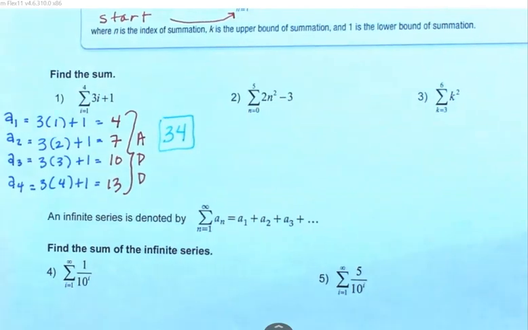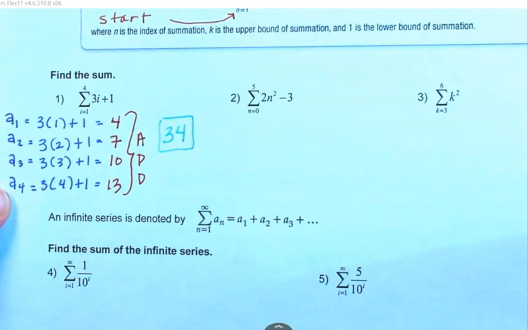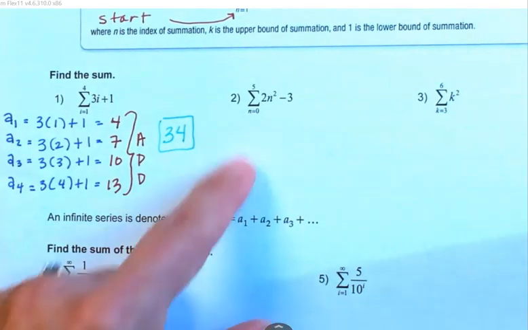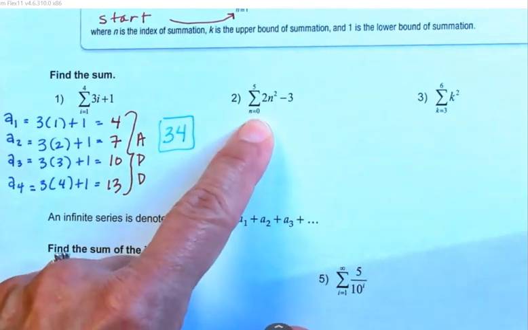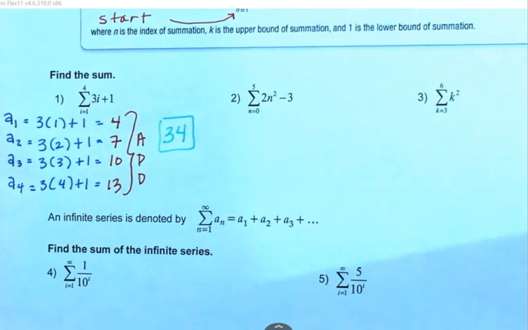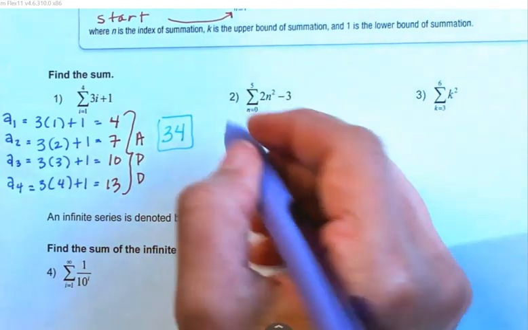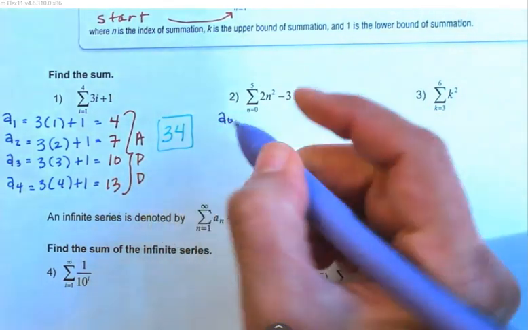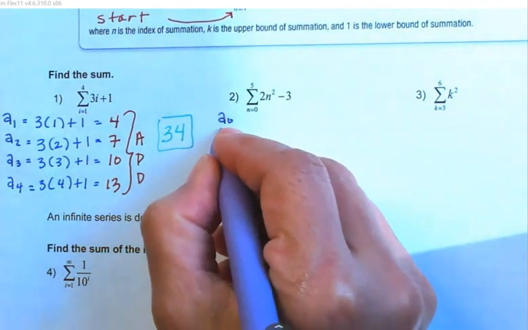All right, so notice I had 4 rows here. On problem 2, I'm going to have 6 rows, even though it says to stop at 5 because we're starting at 0 this time. So let's do a sub 0 all the way down to a sub 5.